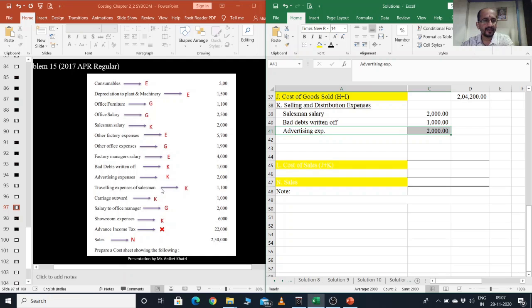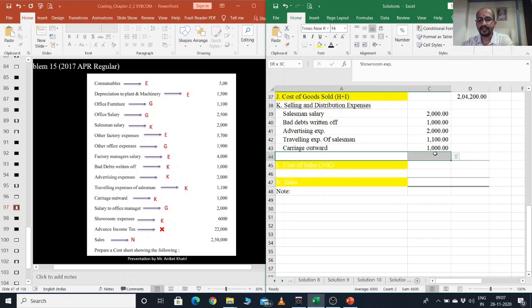Next is traveling expenses 1100. Next is carriage outward 1000. Next is showroom expenses 6000.